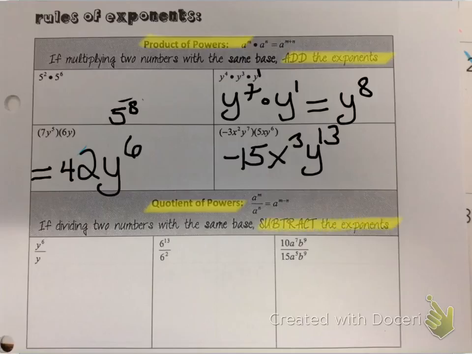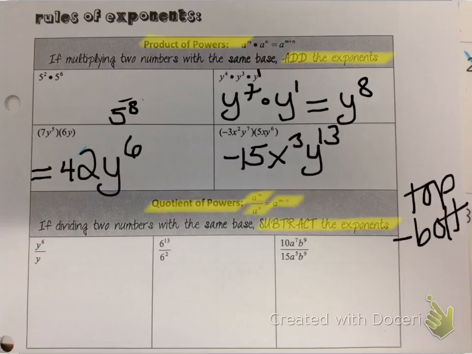And you can only subtract exponents on powers that have the same base. So in your example up above, we have a to the m divided by a to the n, and you can combine those and say that's a to the m minus n. So top minus the bottom.